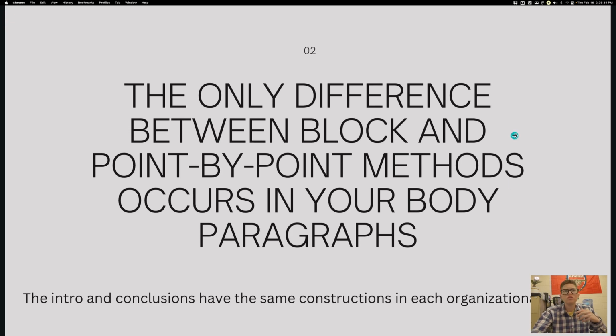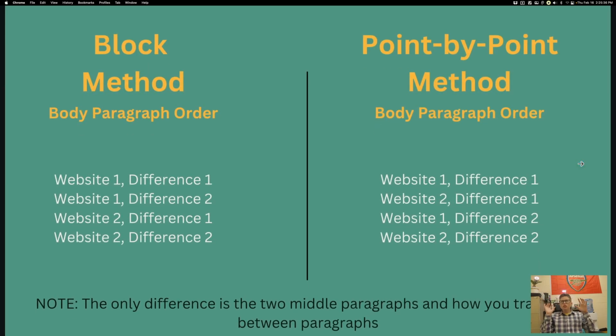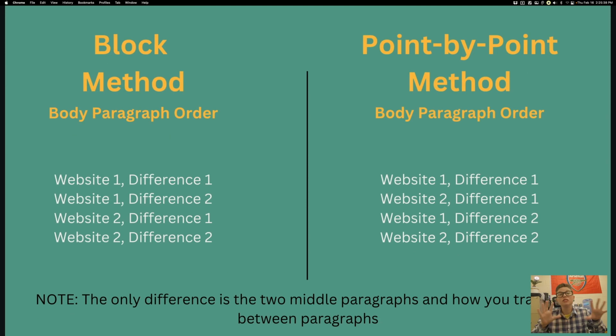Okay, so let's look at this. Now, in terms of the block method, since this refers only to your body paragraphs, each line here is going to be one body paragraph. So body paragraph 1 is going to talk about website 1 and difference 1. Now, you might stop me and say, okay, wait a minute, how do we know which is website 1 and which one is difference 1? Well, remember before when I told you that website 1 was the one that was listed first in the thesis?